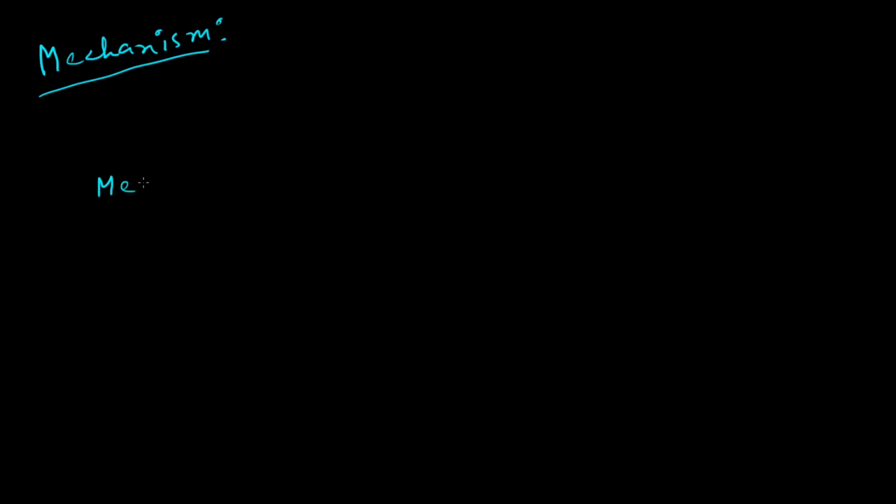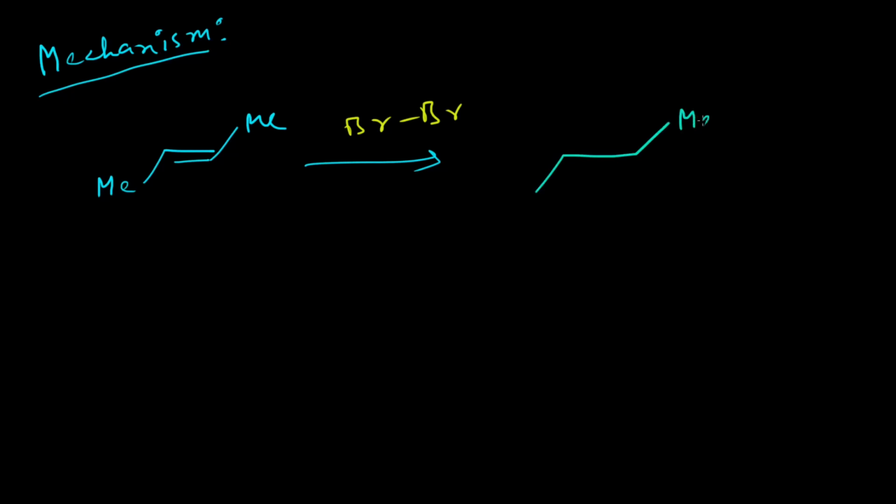So our starting material is 2-butene, which is reacting with bromine molecule or molecular bromine. So the first step will be the formation of this bromonium intermediate.